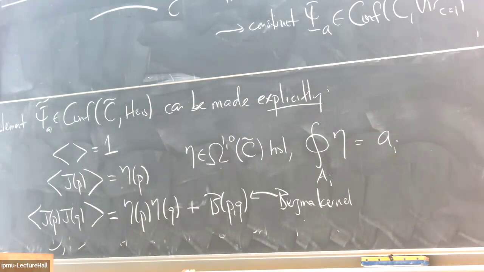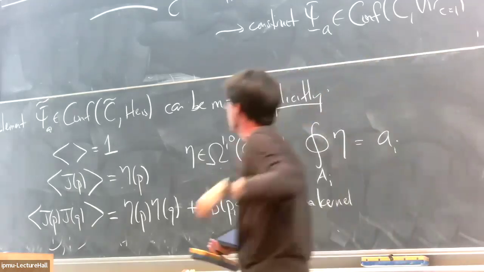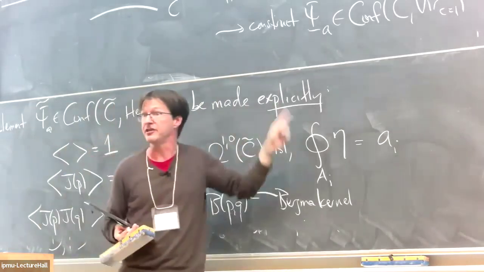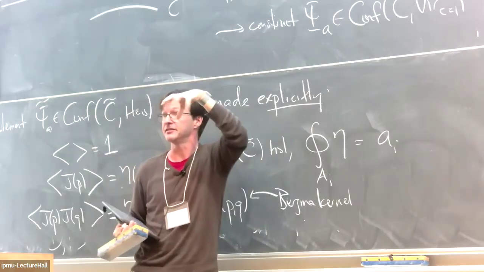That doesn't work. We know it doesn't work because there's monodromy around the branch points. For Higgs bundles, it works. For flat connections, it doesn't work. But then there's a way to fix it. And we're going to do the parallel thing here, not for connections, but for these quantized connections.